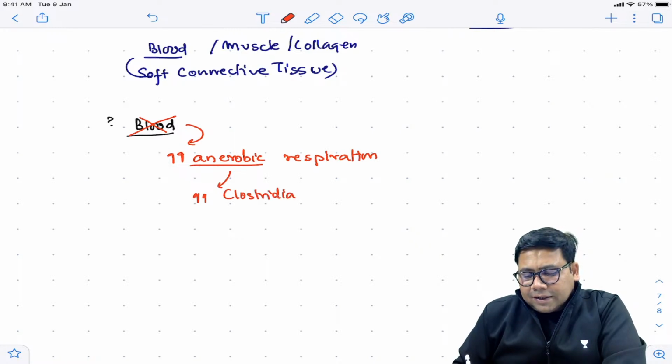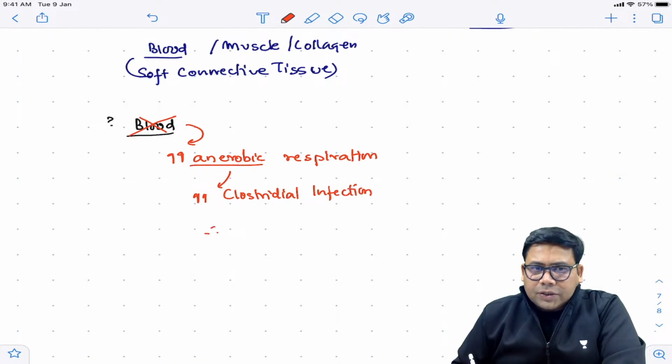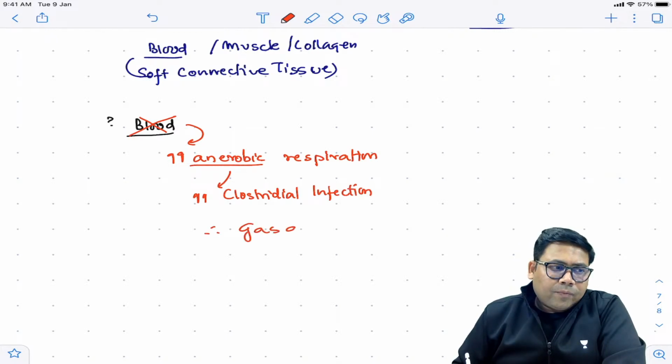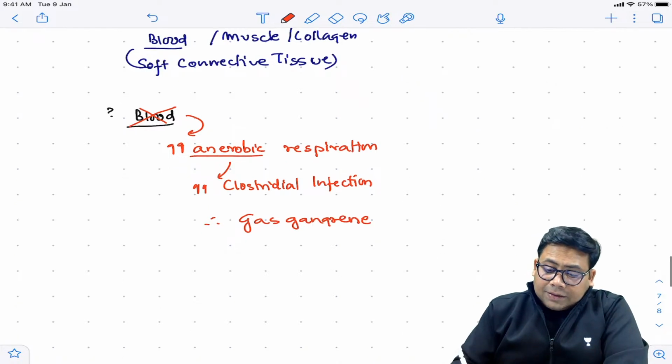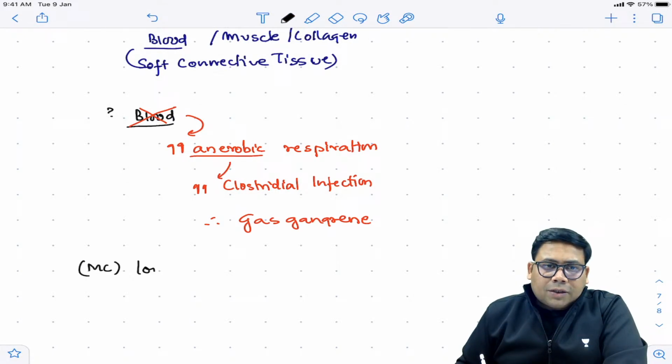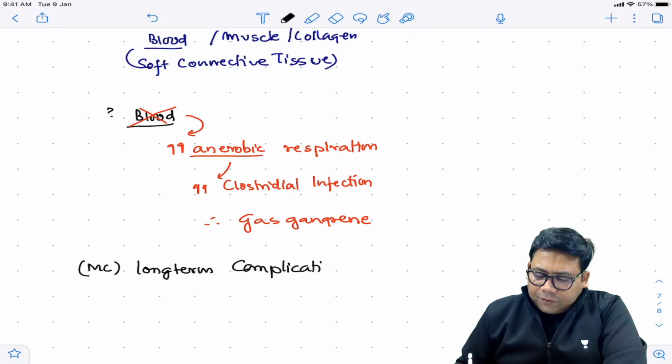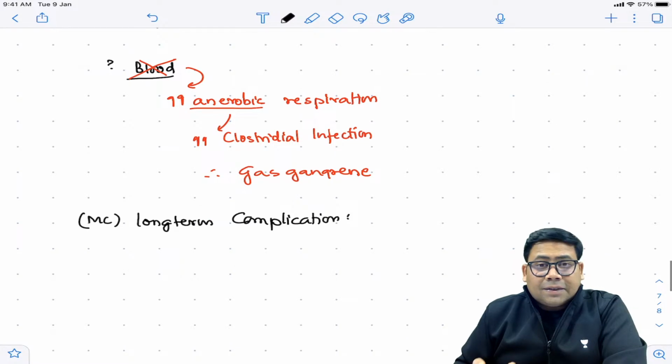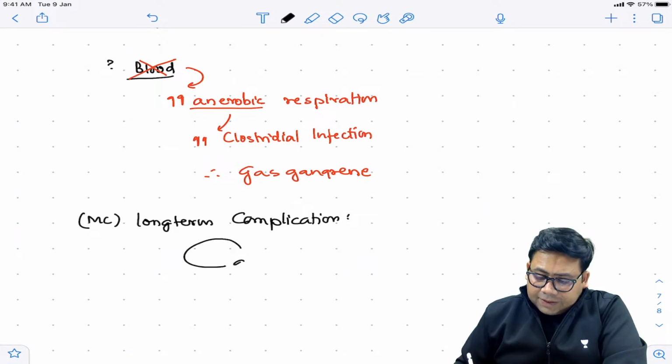And since there is increased clostridial infection, you get to see patients of gas gangrene. So gas gangrene is very evident in them. The second thing is, do you know the most common long-term complication of electric burn? Yeah, answer is cataract. Why is there cataract?